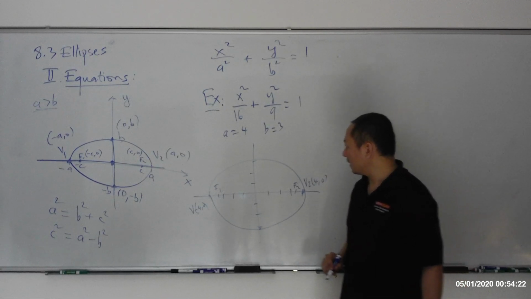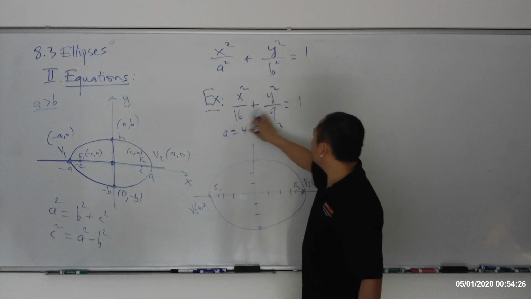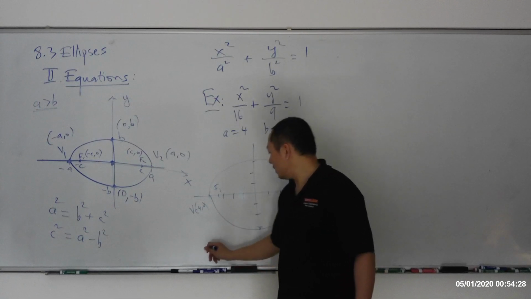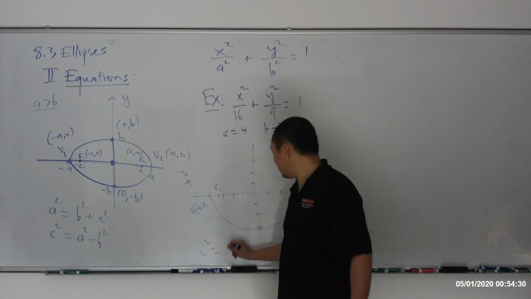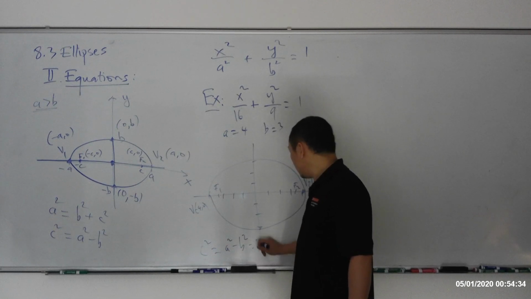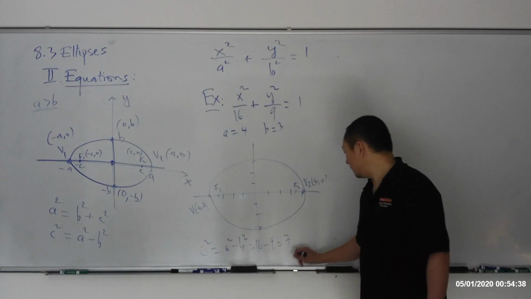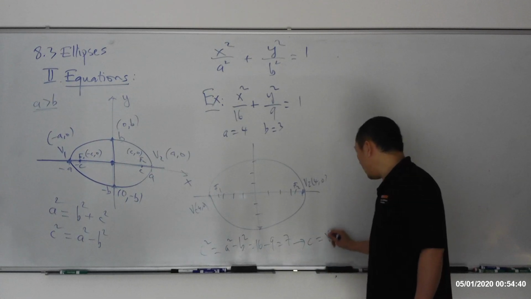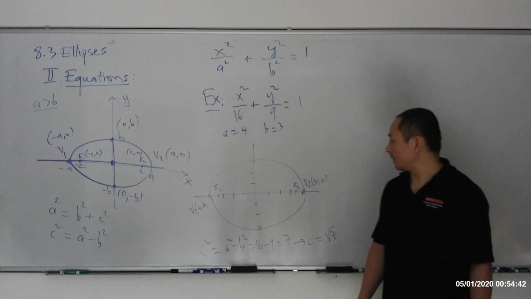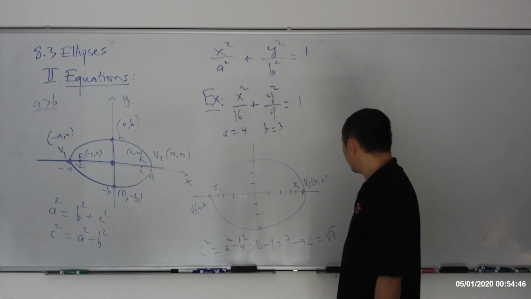We have the formula to calculate this. Just take the bigger one and subtract the smaller one. So C squared is equal to A squared minus B squared, which is 16 minus 9, equal to 7. So C is equal to the square root of 7, which is 2 point something.